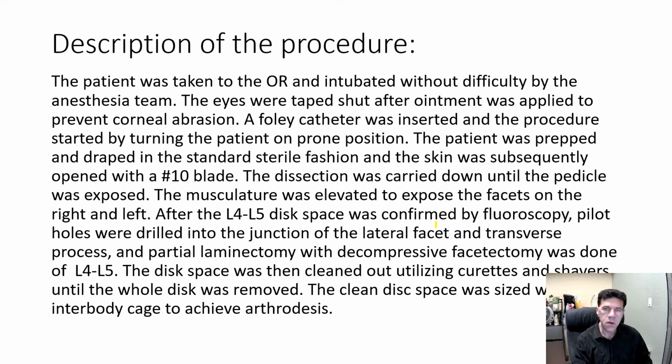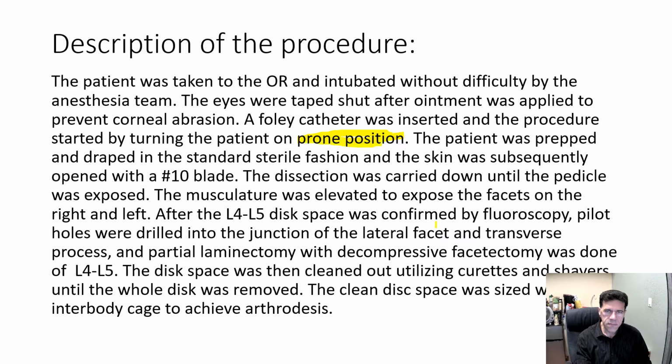Patient was taken to the OR and intubated without difficulty by the anesthesia team. The eyes were taped and the ointment was applied to prevent corneal abrasion. Foley catheter was inserted and the procedure started by turning the patient in prone position.